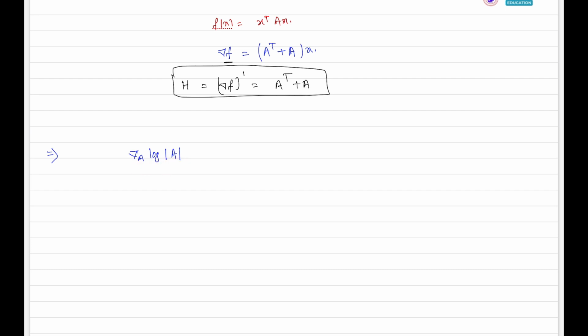That turns out to be A inverse, so you can take this as a direct result.